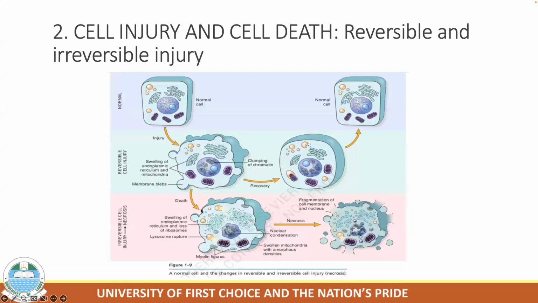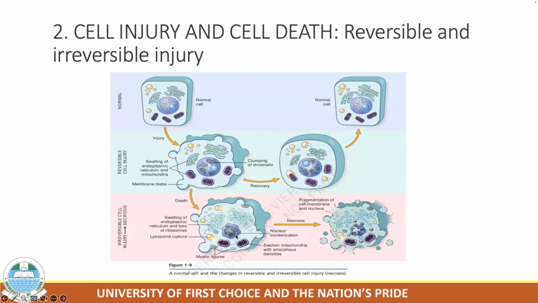But if that stress is not removed, then the process of death is initiated, and then you can have swelling of the endoplasmic reticulum and the loss of its ribosomes. And then, of course, the swollen mitochondrion becomes darker and also breaks up. Okay, so that's swollen mitochondria with amorphous densities.